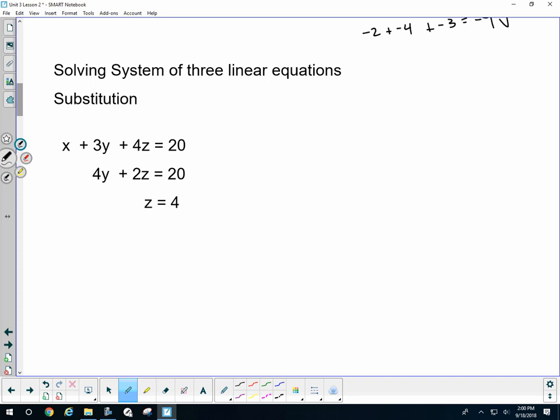Raise your hand if any of you are like that. Okay. You will find that it's actually tougher using substitution, and you'll see not for this one, but for the other examples. It's actually tougher using substitution for these systems. Elimination is going to be easier. I'll show you why after we get past this one.